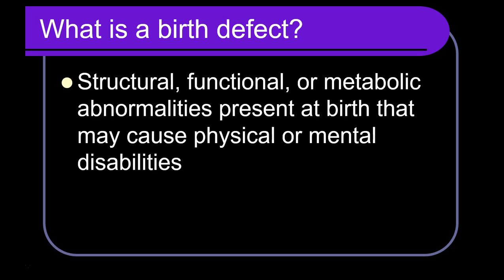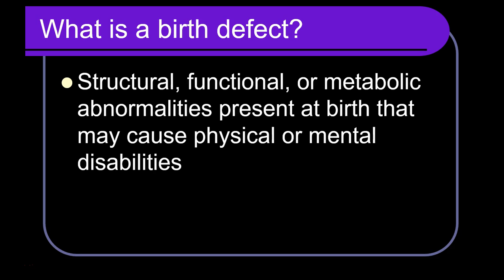The first is that a birth defect is basically a structural, functional, or metabolic abnormality that's present at the time of birth, and it may cause physical or mental disabilities in the child. So, one of the things that's important to note is that the abnormality may be present at birth, but not expressed at birth.